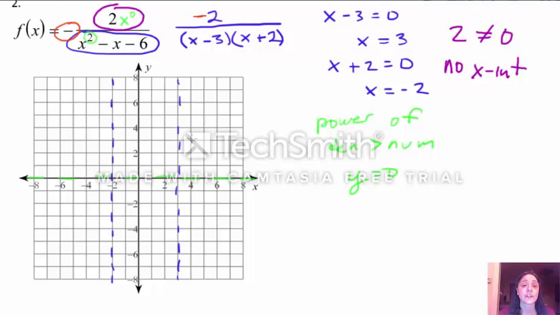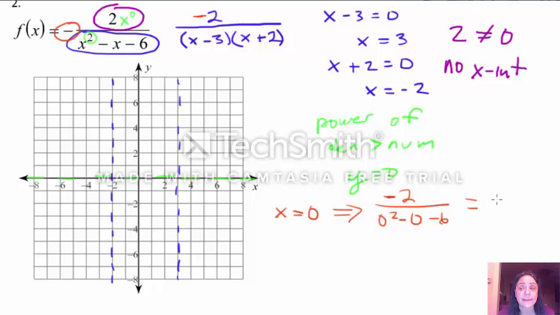Now we have two vertical asymptotes, so we need to try between them as well as on either side. I'm going to start with trying between them. If I try an easy number between them, that would be x equals 0. So let's see what we get for x equals 0. That's going to give us negative 2 over 0 squared minus 0 minus 6, which is negative 2 over negative 6.